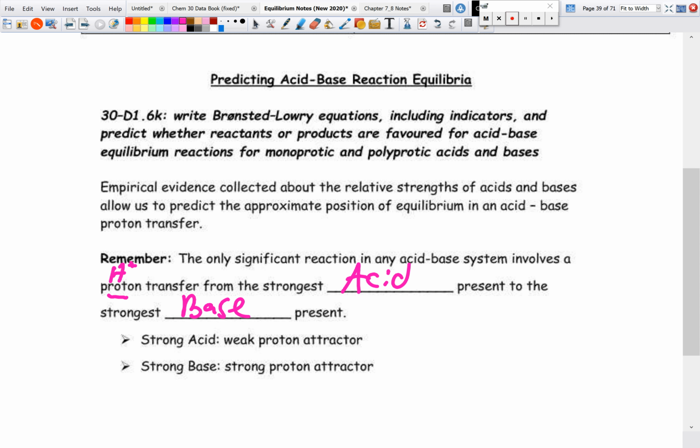Just like in our electrochemistry, it was the strongest oxidizing agent to the strongest reducing agent. So the strongest acid is a very, very weak proton attractor, so that's why it always donates, where a strong base is a strong proton attractor. So that is why we get that transfer from strong acid to strong base.